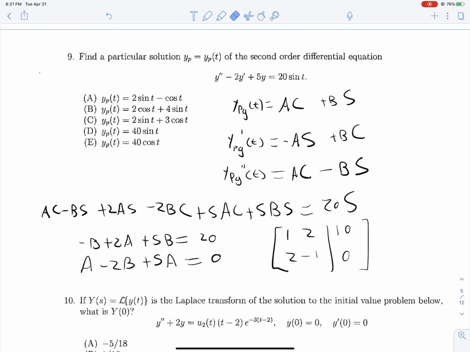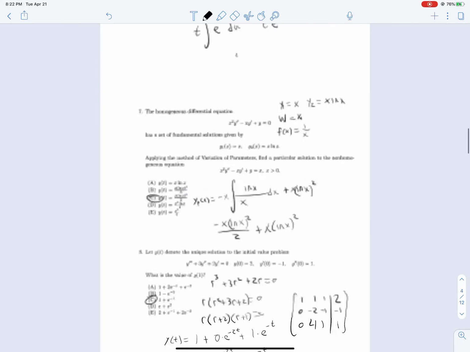Subtracting two row 1s from row 2, we get 0, negative 5, negative 20, so we get 1, 4 here, and therefore 0, 2 there. So there's our 2 cosine plus 4 sine. That should be b.